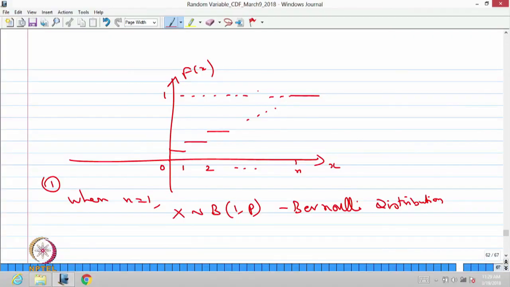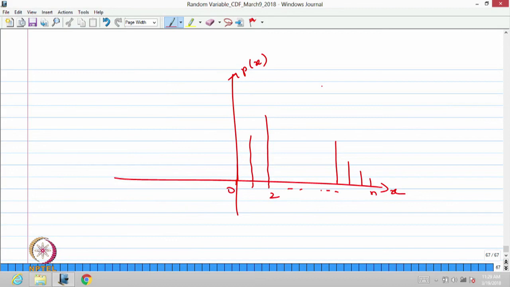Not only from the CDF, one can make the observation from the probability mass function also. That means if you draw the histogram of the values of the data over 0 to n, and the histogram looks like the probability mass function at some points, if it is almost the same, then you can conclude that the data also follows a binomial distribution.